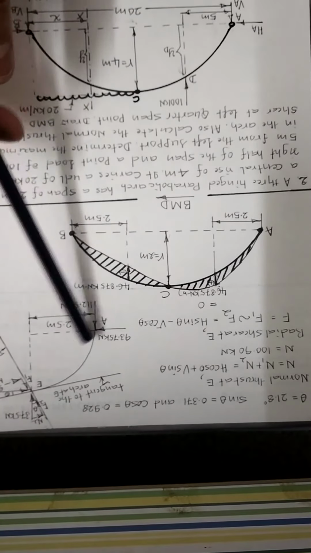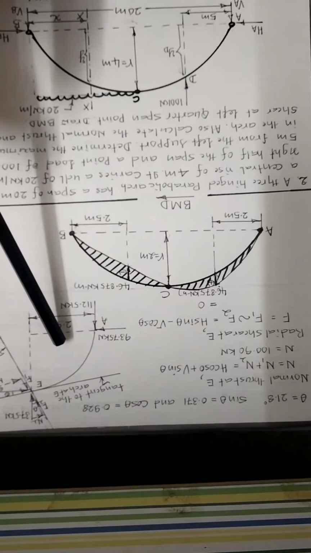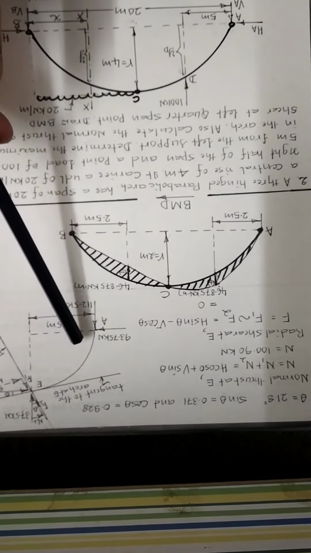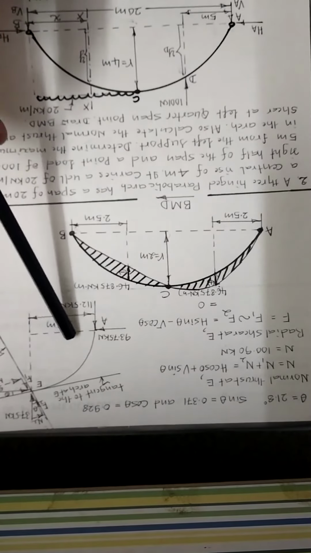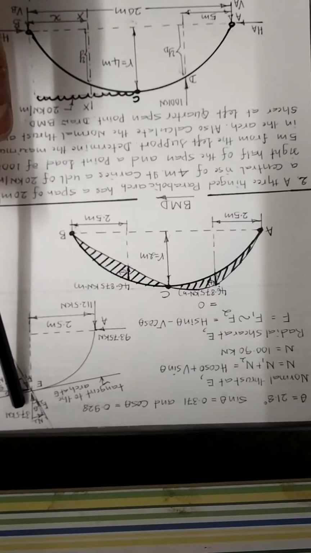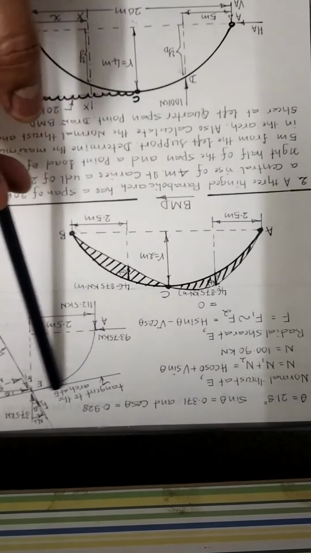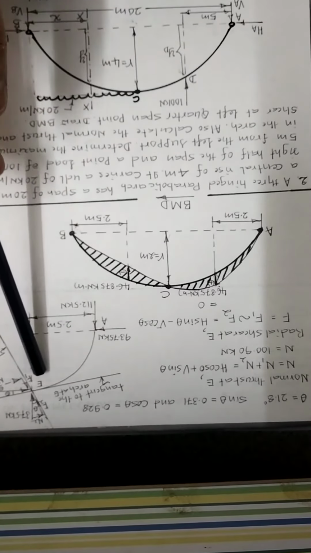If you want to say that this portion is in equilibrium, the summation of vertical and horizontal components should be 0. That means sigma V should be 0 and sigma H should be 0. However, here at this point we have taken only 37.5 kilonewton after deducting the UDL between the portion AC. Then this portion is in equilibrium.